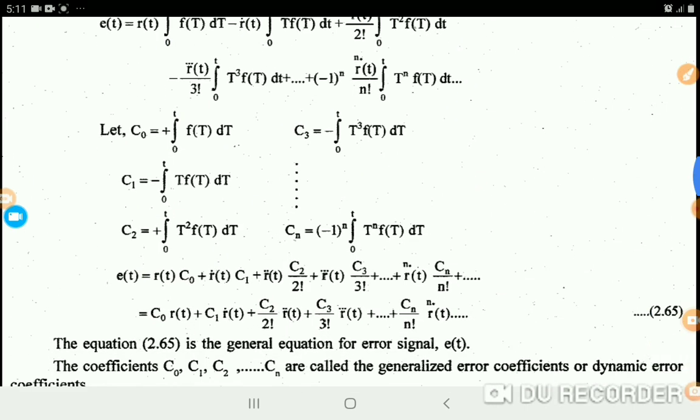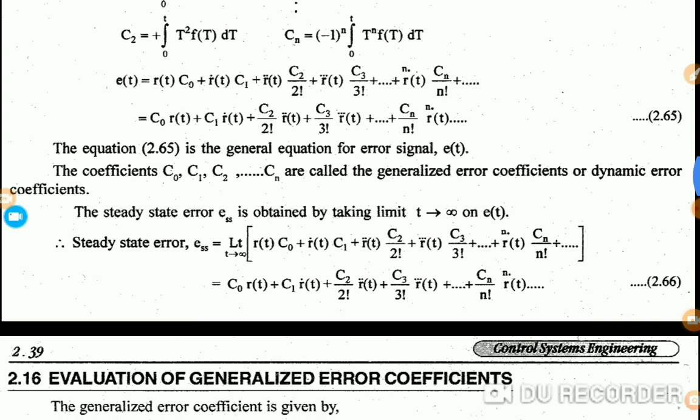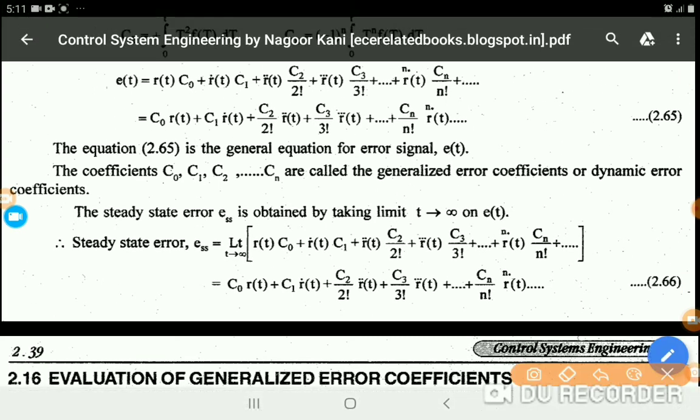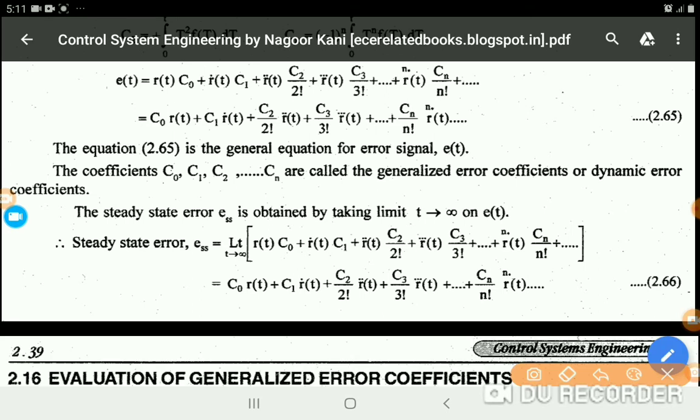So again substitute and rearrange the expression of e of t. It becomes e of t, r of t as it is. Instead of the integral terms we consider a coefficient c naught.